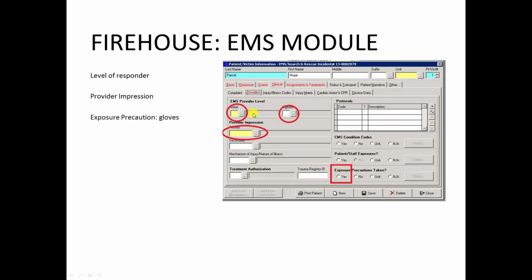So if it's a multiple response call and you have a BLS truck, you may put a BLS or an AEMT in this field, and then a paramedic here, but always just put the highest level, or the level that is on the fire apparatus. And then you do a primary impression in this field. We want to also check this box down here, exposure precaution, and we're going to click yes on that, and that's where we're going to add the gloves and the details of that.